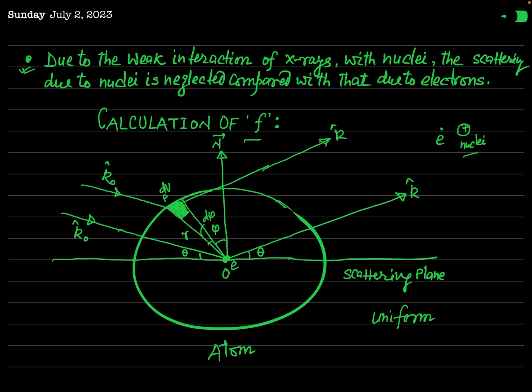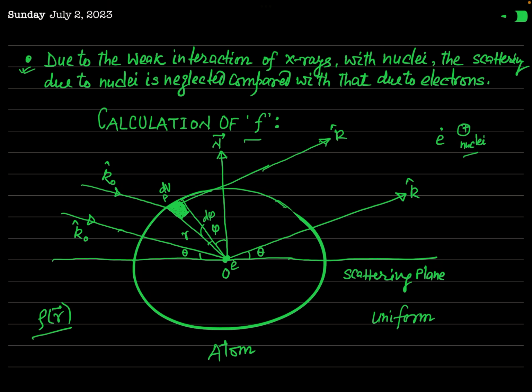But before that, let us consider that rho of R is the volume charge density. If rho of R is the volume charge density at this point P, whose position vector is R with respect to the origin, what will be the charge content in this volume element?